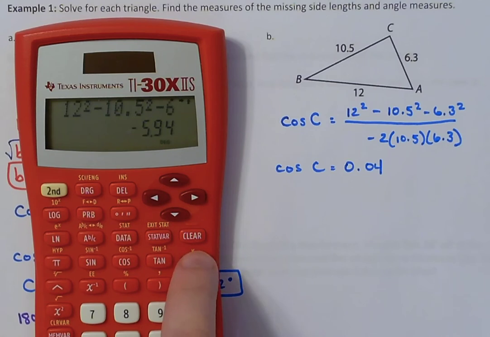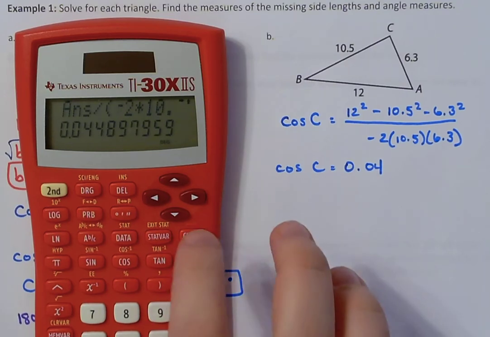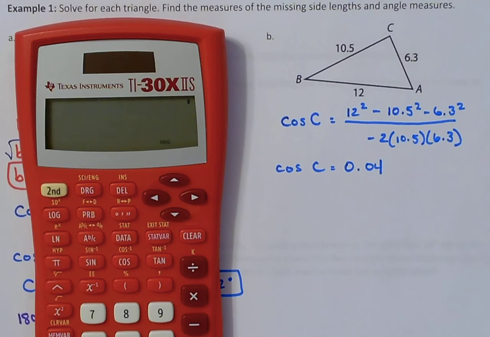And if we divide that by parenthesis, negative 2 times 10.5 times 6.3, you get the 0.04. So the issue I had on part A is I didn't put parentheses around the bottom part, so it read the negative 2 as something different from the 10.5 and 6.3. Parentheses are your best friend. It's okay to use parentheses and you can never use too many.